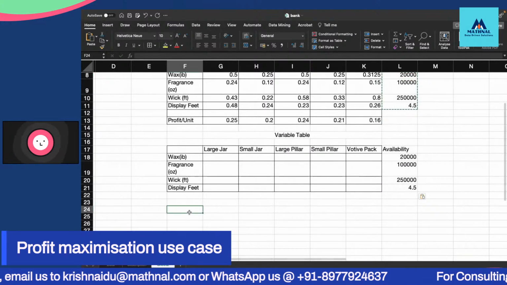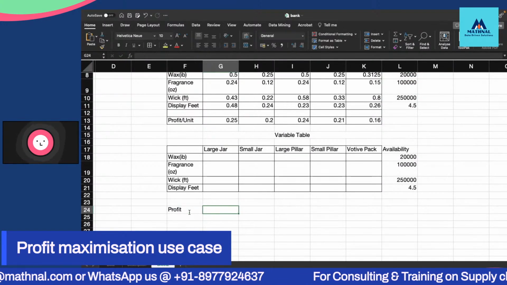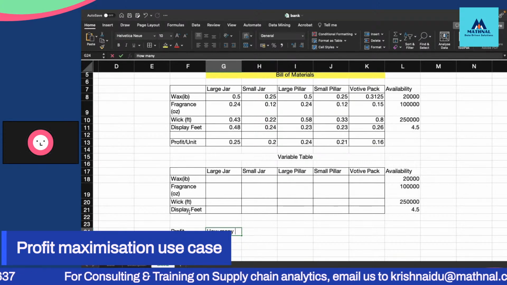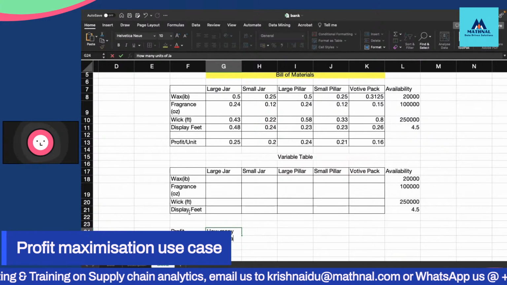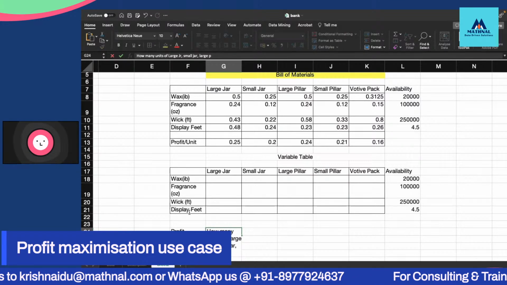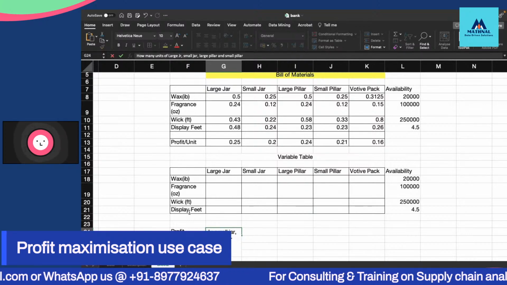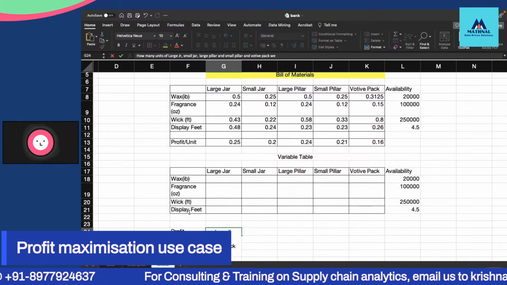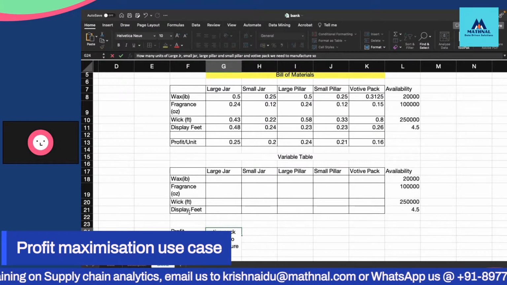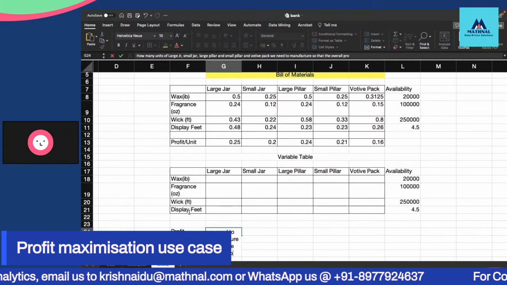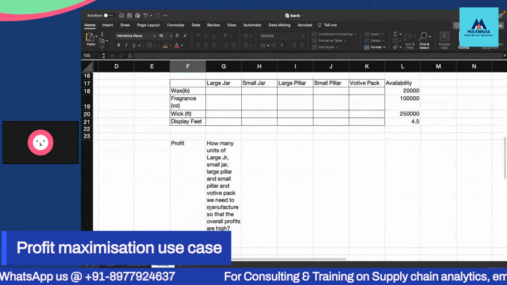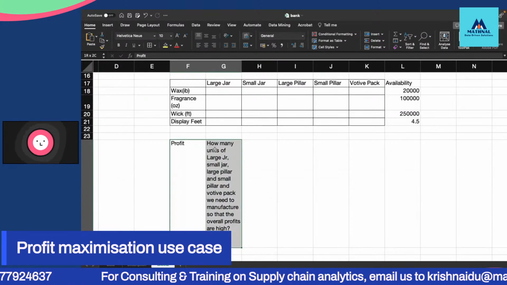So if you have to derive a profit plan, how many units of large jar, small jar, large pillar, small pillar, and votive pack do we need to manufacture so that the overall profit is high? This is the question which we have.